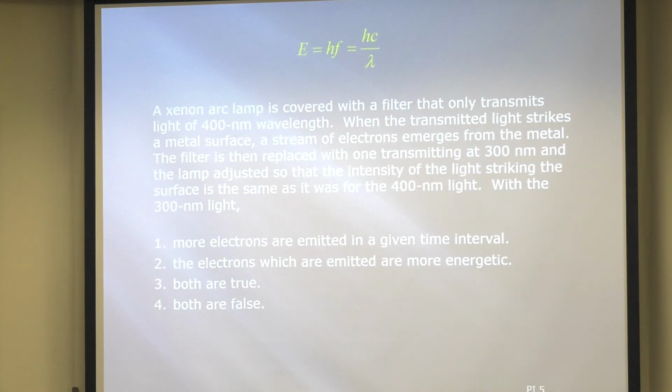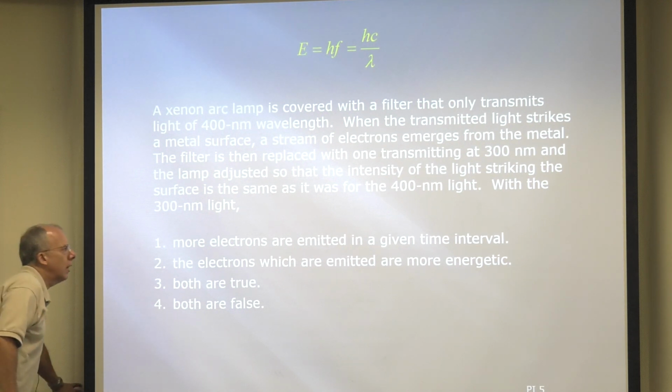Here's another one. A xenon arc lamp is covered with a filter that only transmits 400 nanometer wavelength light. When the transmitted light strikes the metal surface, a stream of electrons emerges, so we're exceeding the threshold frequency. Then the filter is replaced with one transmitting at 300 nanometers. Okay, hold it, just think about it.